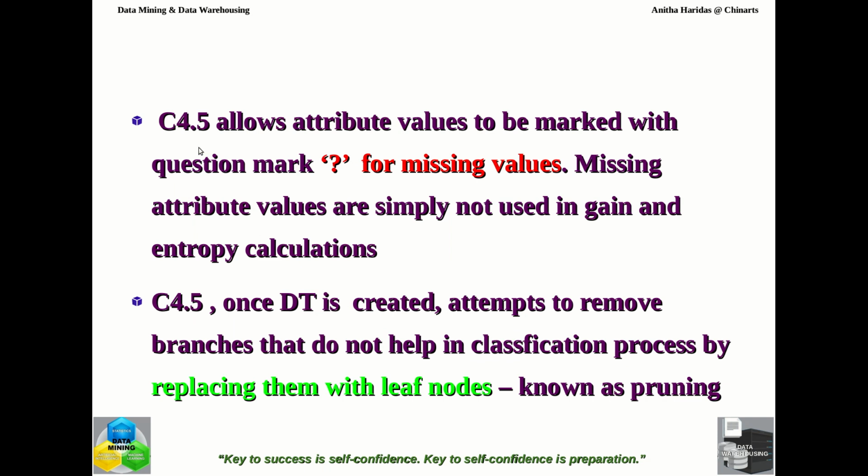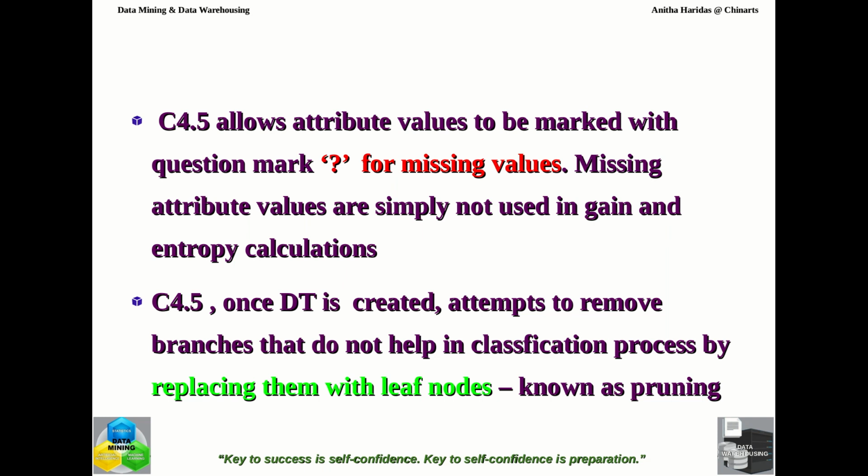And very interesting, the advantage of C4.5, it allows the attribute values to be marked with a question mark. That is, generally in the training data, if any data is missing, automatically a question mark will be added in that particular cell, right?